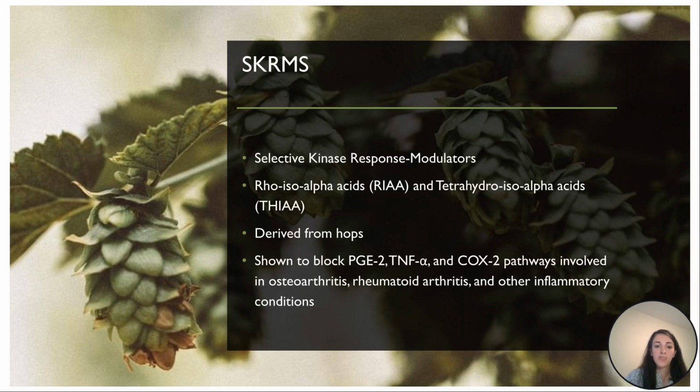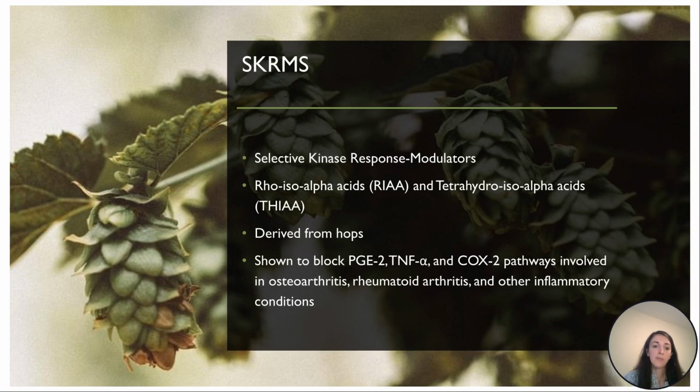All right, SCRMs. I wanted to talk about SCRMs because most people haven't heard of them. It stands for selective kinase response modulators. Two of the main types are rho isoalpha acids and tetrahydroisoalpha acids, RIAA and THIAA.